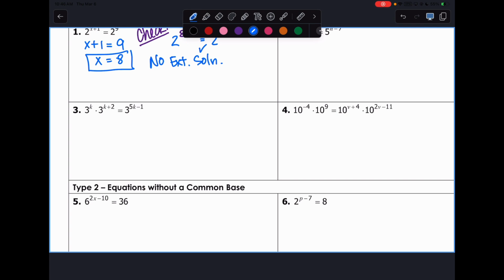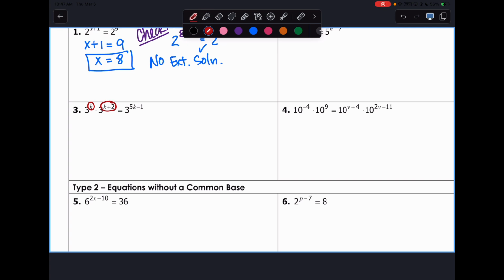Product. So if we have the same bases and we're multiplying, what do we get to do with the exponents? We're going to add k and k plus 2. If I add k plus k, do I get 2k or k squared? 2k.